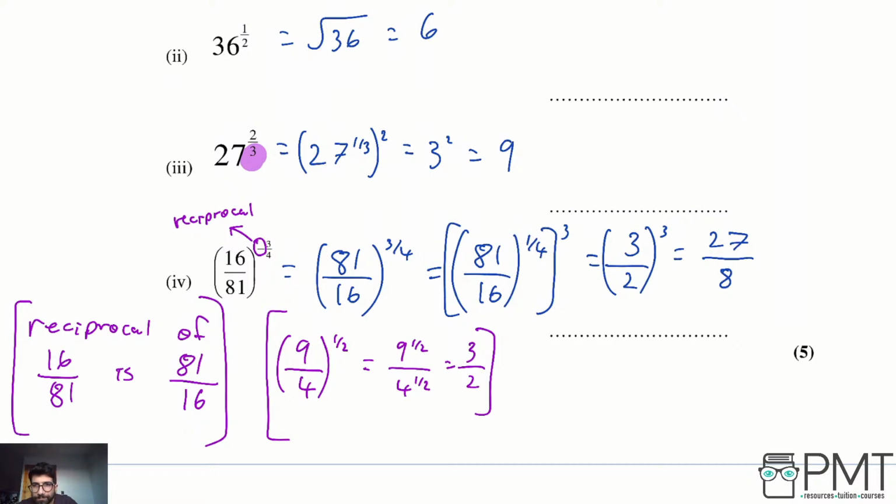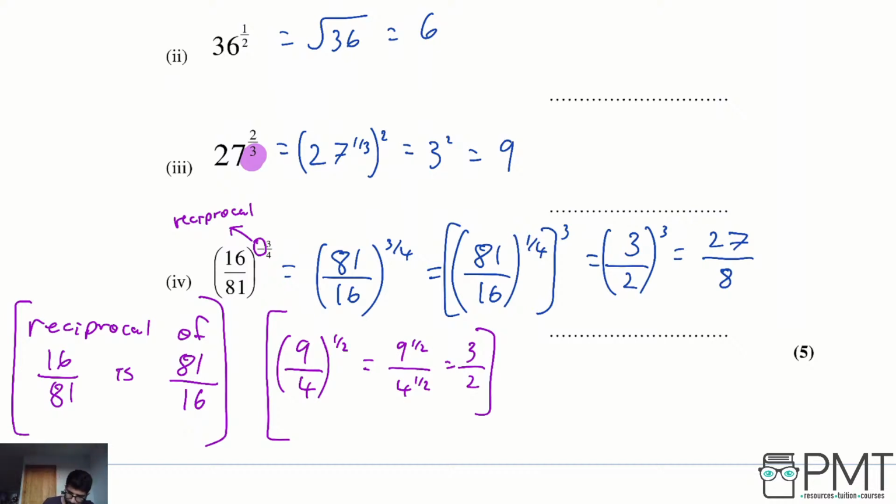Reciprocal. Yes, Mohammed, you're right. In previous examples we were using constants, just whole numbers, so it became 1 over. But the rule of the reciprocal is flipping it.